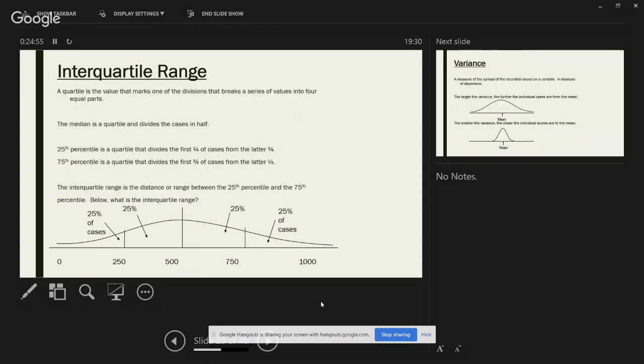So yeah, that's about range, and let's talk about interquartile range. Interquartile range is basically a distribution of the data from the highest value to the lowest value. There are different quartiles divided in the range we have, starting with the first quartile, which is known as the 25th percentile.